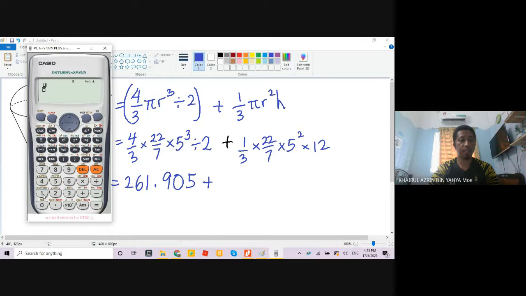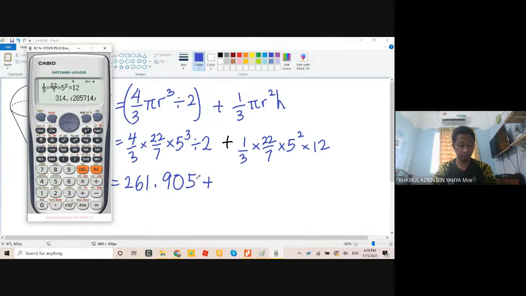1/3, 1 over 3 times 22 over 7, times 5 square or 25, and then times 12. Change to decimal. This is the answer.